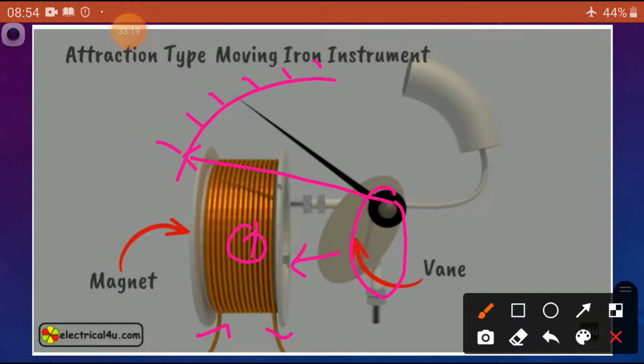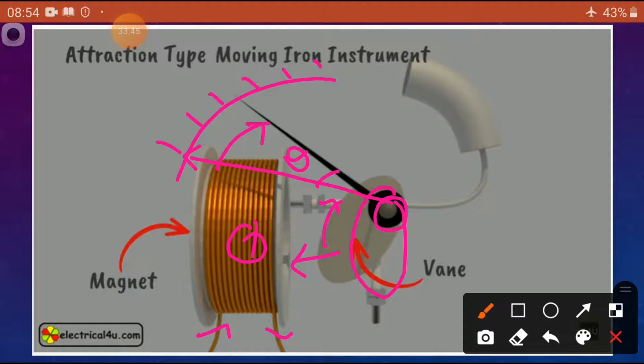Once it tries to move the iron piece, the spindle attached to the iron piece will tilt, that is, move in one direction. Then the pointer also moves from this position to this one, and some angle is taken place here. Okay, so this is the basic idea.